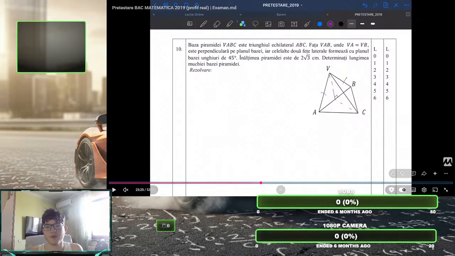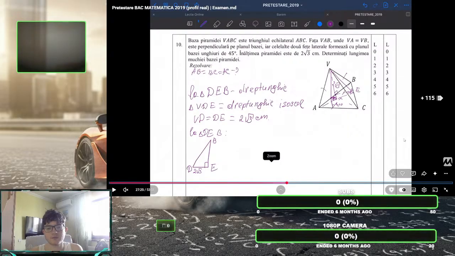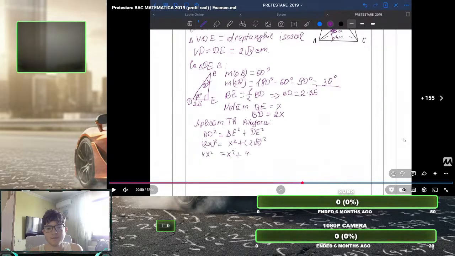Yeah, I guess it's pretty hard, so skip this one too. Come on, load. Yeah, here it's with notations and stuff, it's pretty hard.